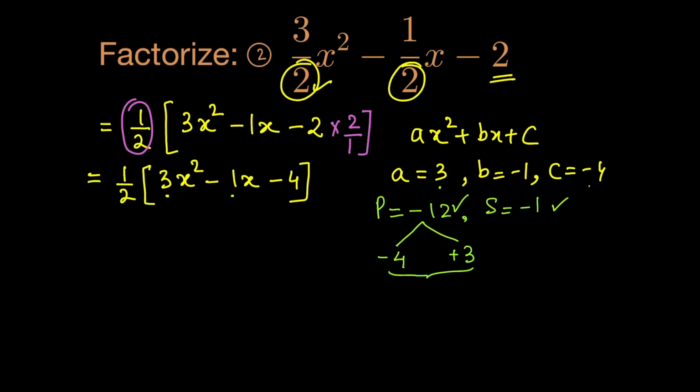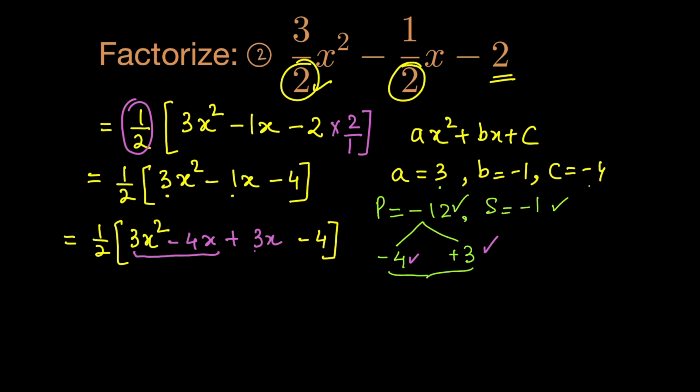Now coming to the question again. It is 1/2, then 3x squared, and we write minus 4 in the end. In between we write with the help of these numbers: minus 4x and plus 3x. Then make pairs and see what we are able to factor out. In the first pair you can see we can factor out x, so it is 3x minus 4.